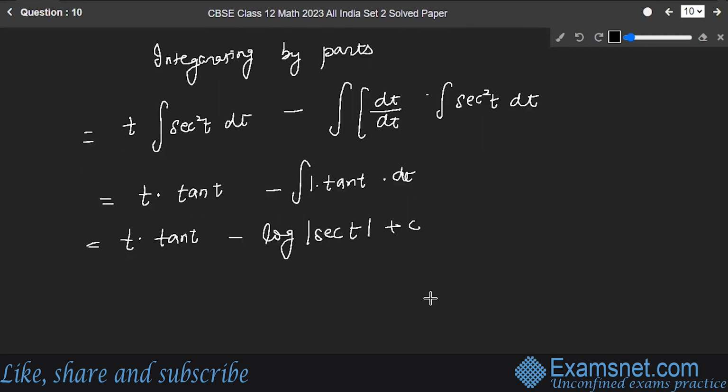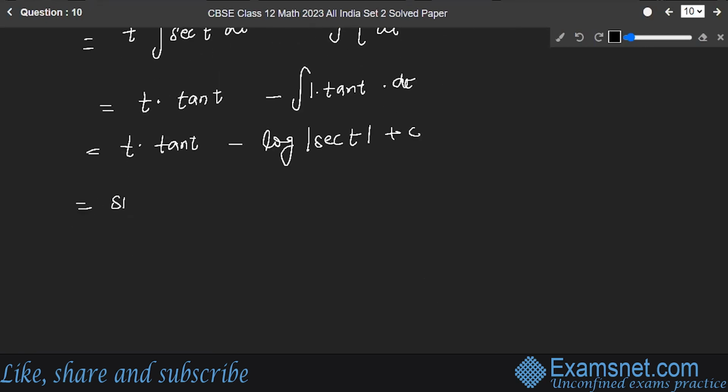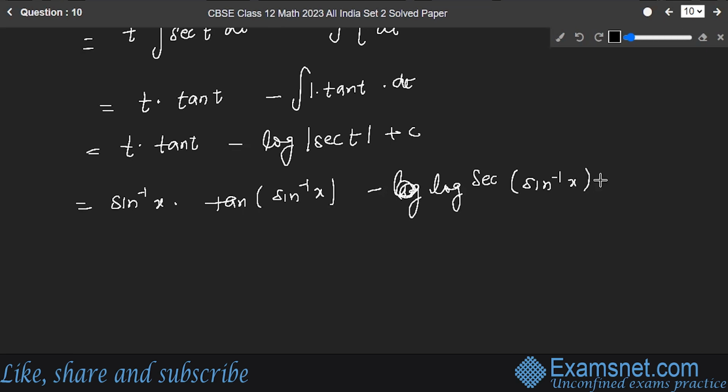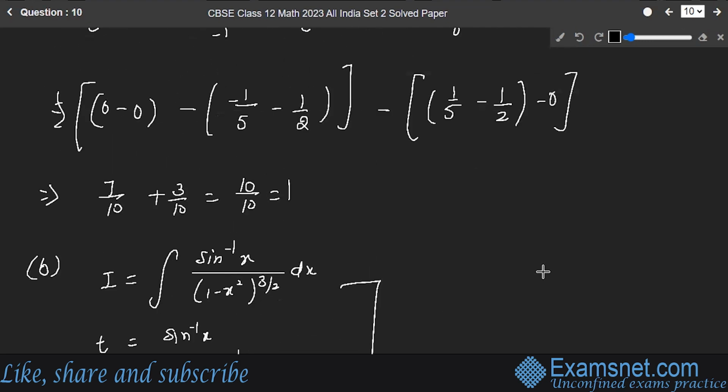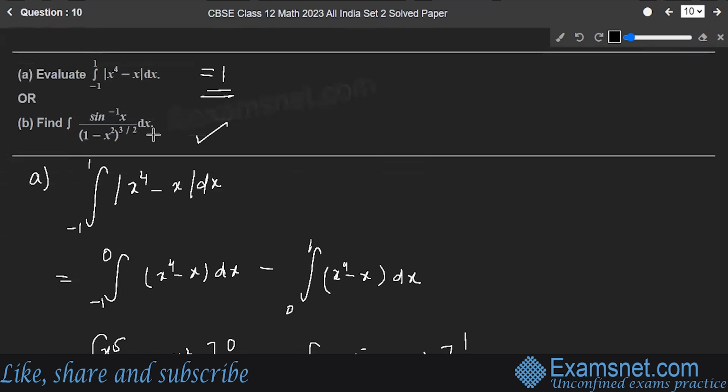Now fill the value of t back. This will be equal to sine inverse x into tangent of sine inverse x minus log of secant of sine inverse x plus the constant c. So this is the answer to the second part of the question, that is option B. Hope you understood this.